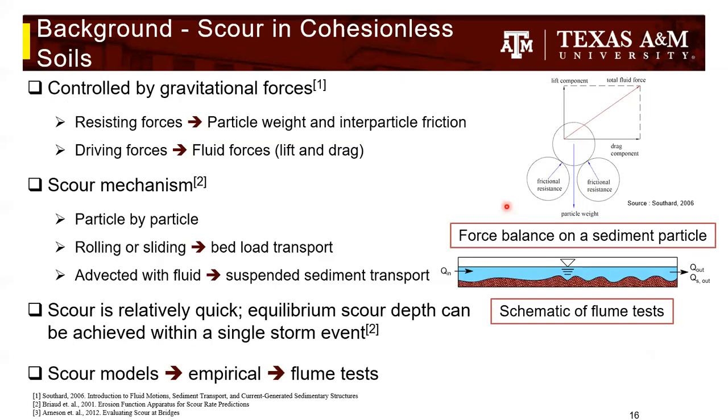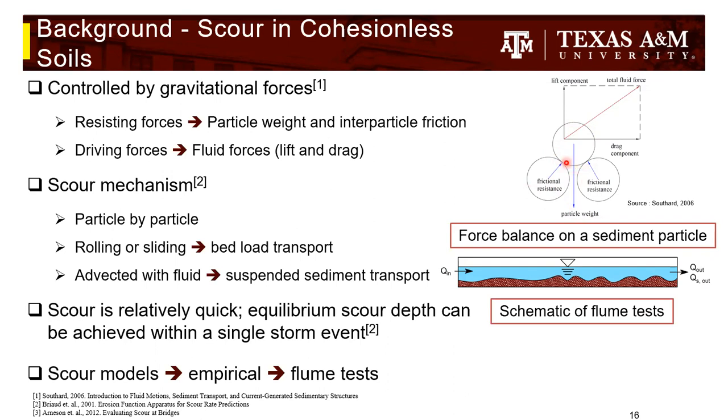So how to understand the scour in cohesionless soil? This is our first type of soil. On the right-hand side is a typical schematic of cohesionless soil, where three particles are sitting on top of each other, and there is a particle weight, and then there is a frictional resistance coming from the interaction between the surfaces of the two particles with the top particle.